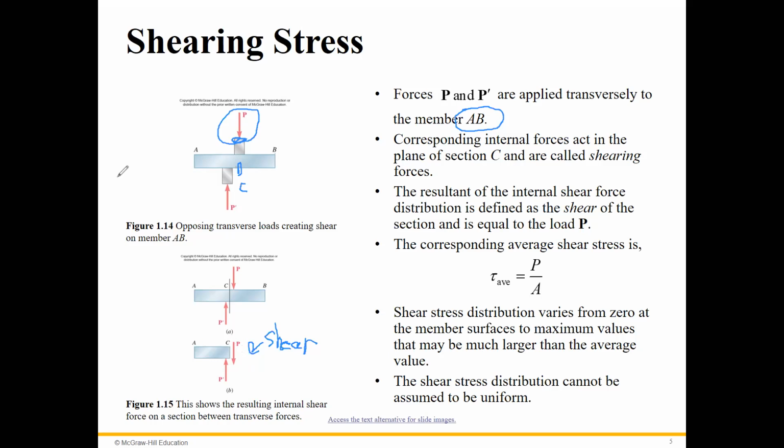Normal would be like this. That's normal stress, right? In the previous slide. For shear stress, if this is a force and we have this surface, this is shear stress.